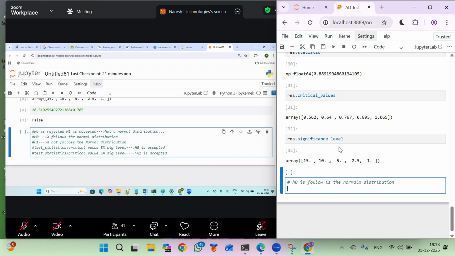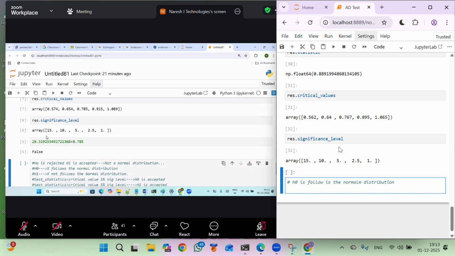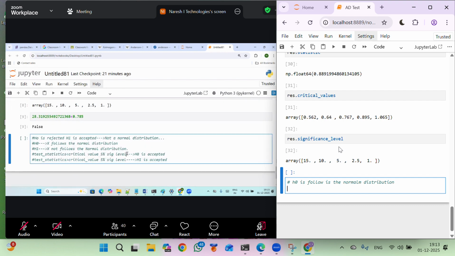And what is the 5% significance level value, guys? This is the value for 15%. This is the value for 10%. And this is the value for 5% significance level. So you are comparing with this value. So let me write down the value here. Now, based on this, it will accept or reject the things.